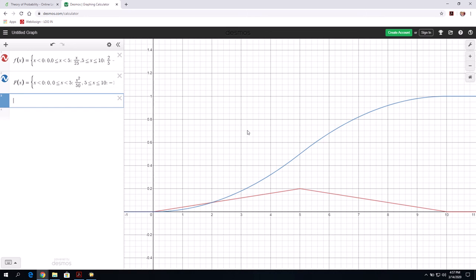At the middle point right here at 5, it stops increasing as fast and starts increasing a little bit more slowly, because the red line is going down now. And then it continues to accumulate all the way up to 1. So there's our CDF, and I think that's pretty neat. That's all for now.